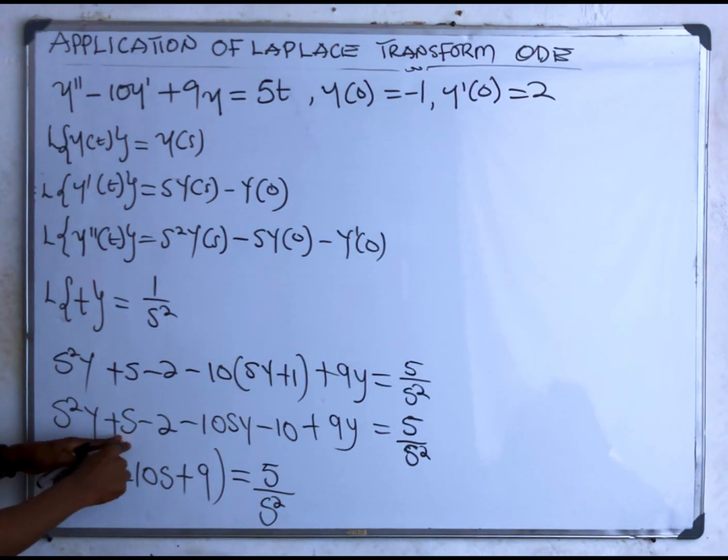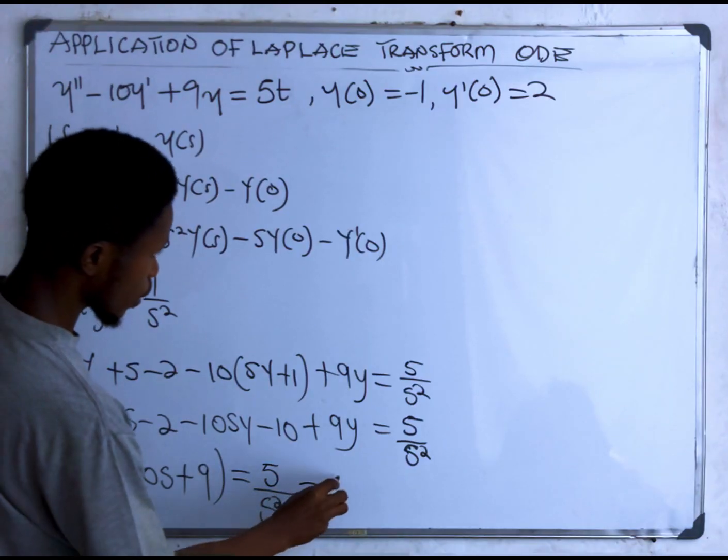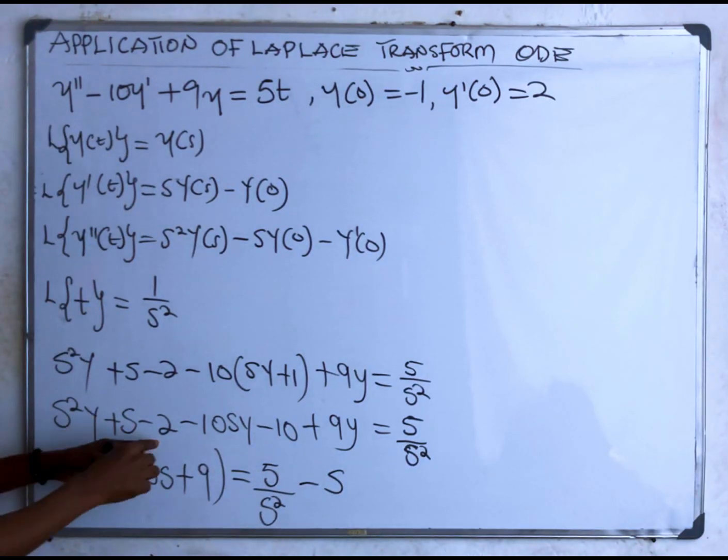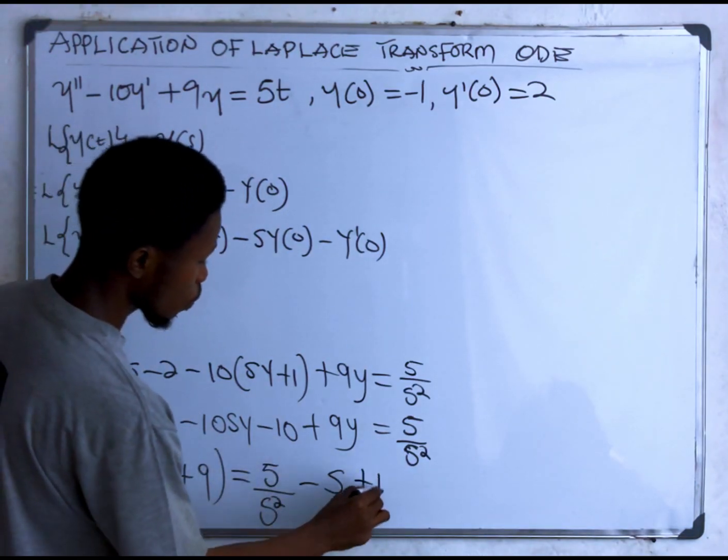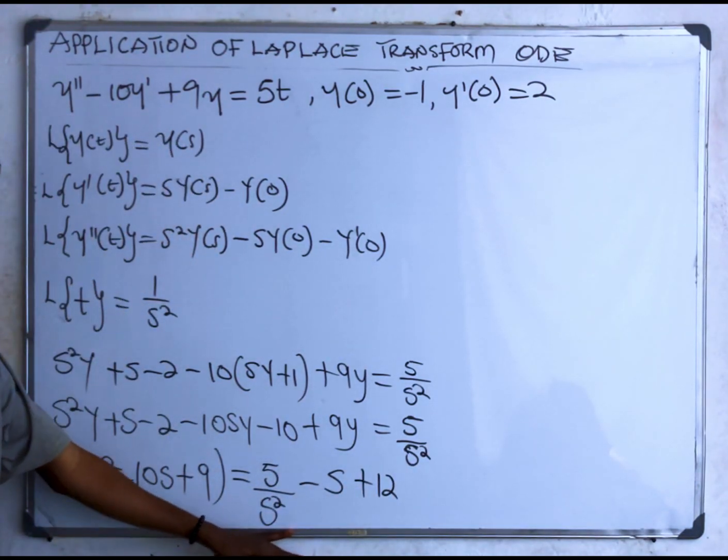So this is positive s. When it goes to the other side it becomes negative s. Negative 2, negative 10, that is negative 2. Going there becomes positive 12. So let's find the LCM on this side.